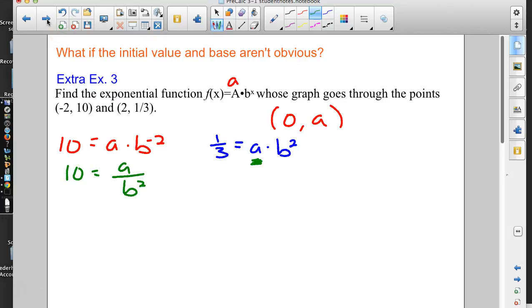Remember that negative power is for reciprocals. Well, this is going to be super easy to get a all by itself. All I have to do is multiply both sides by b squared, and I'll have a all by itself. Then I'll put that in the other one.